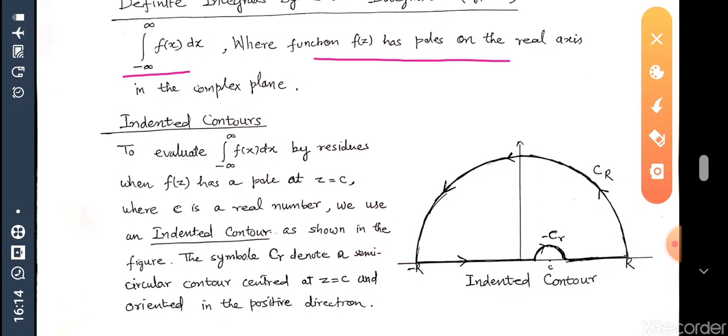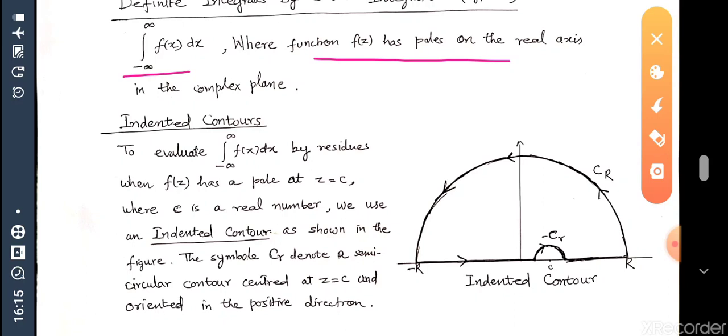An indented contour is a closed contour in which we avoid the poles of f(z) which lie on the real axis by taking small semicircles with their center at the pole and whose radii may be made to tend to 0.